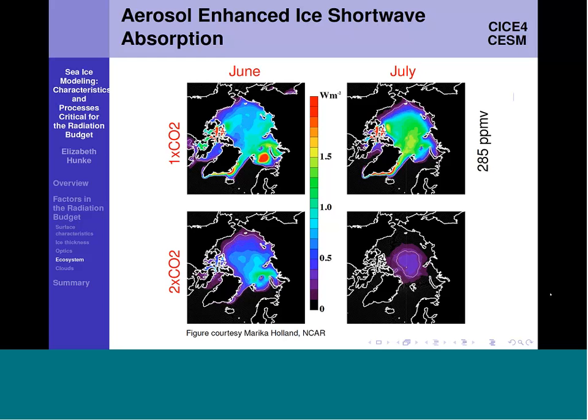These aerosols affect the radiative transfer in the ice, and the results shown here are from an earlier version of sea ice run in the CESM, Community Earth System model, showing the increase in shortwave absorption due just to aerosols in June and July on the left and right, for a pre-industrial scenario on the top, which is labeled one-time CO2 here with 285 parts per million by volume of CO2, and for a second run with twice as much CO2 forcing shown on the bottom. We find that in the warmer climate, there is more ice melt.